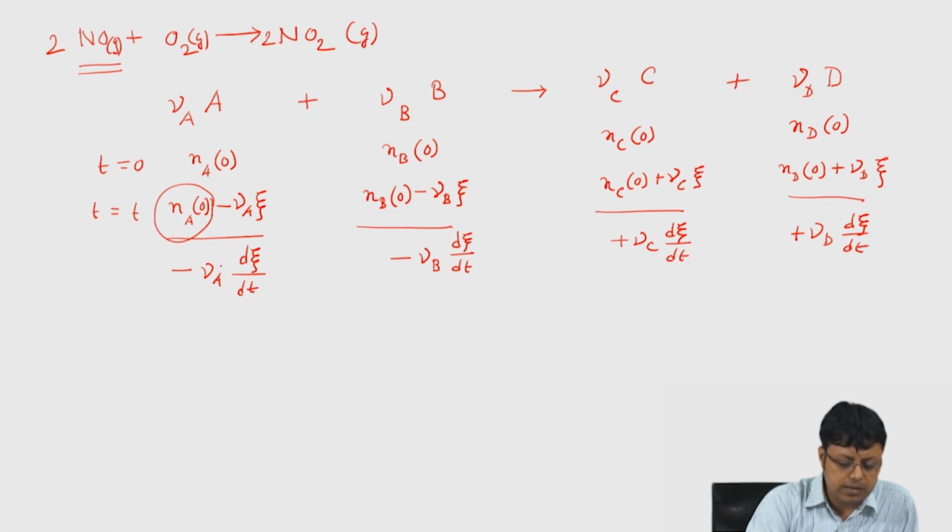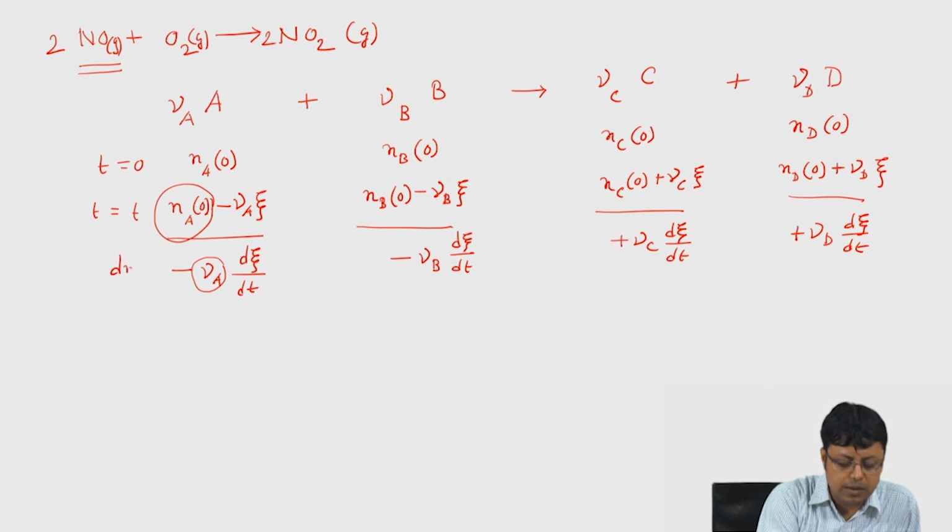Now, usually this d xi dt is basically how much the reaction has changed, or how much the reaction has proceeded. So, that is basically the change in the reaction.